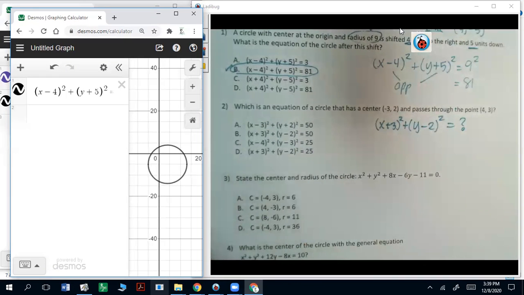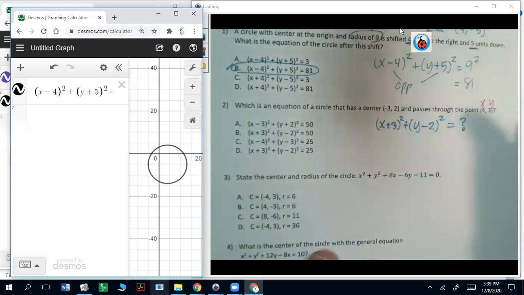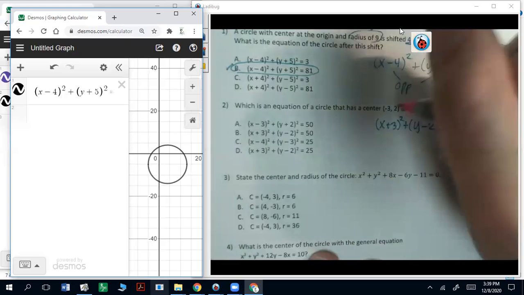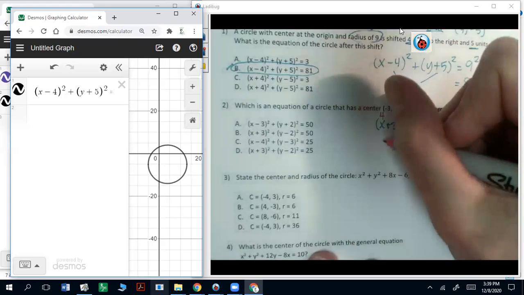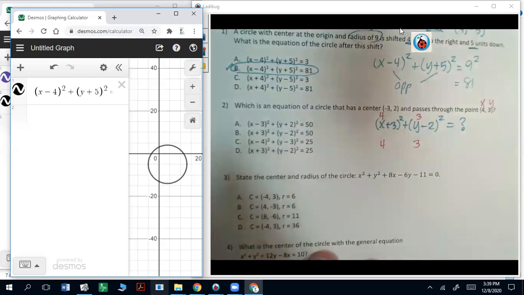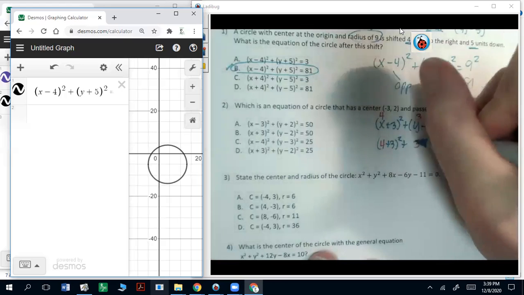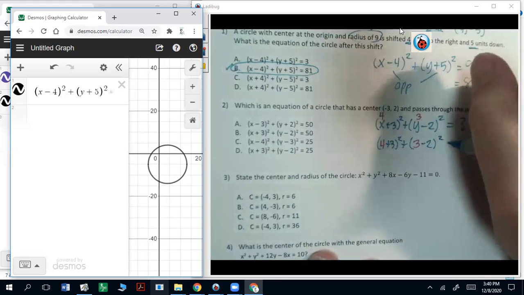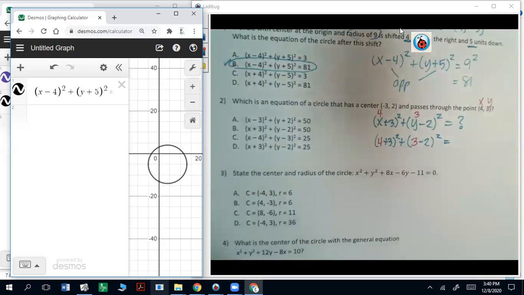Now what I like to do is plug in the x and y values that I'm given. So I'm going to plug in 4 here and 3 there. So it's going to be (4, 3). Now I'm going to figure out what that number at the end of the equation should be.